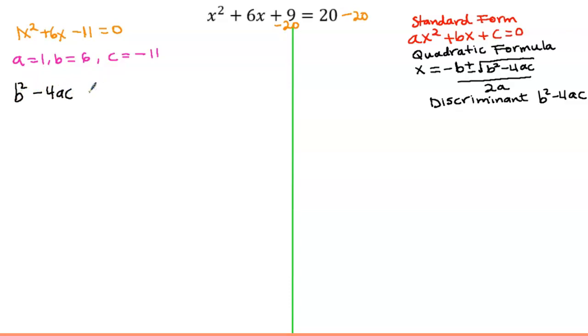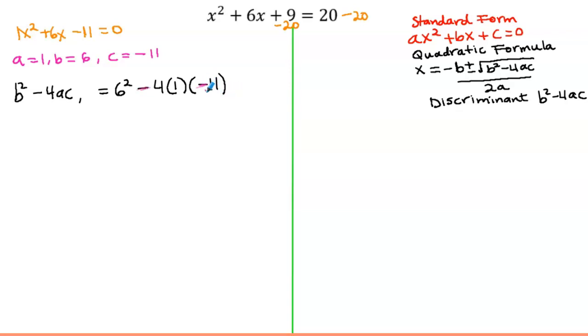4ac, and that will give us 6 squared minus 4 times 1 times negative 11. So anytime we have a negative here and we have a negative here, negative times negative becomes positive.